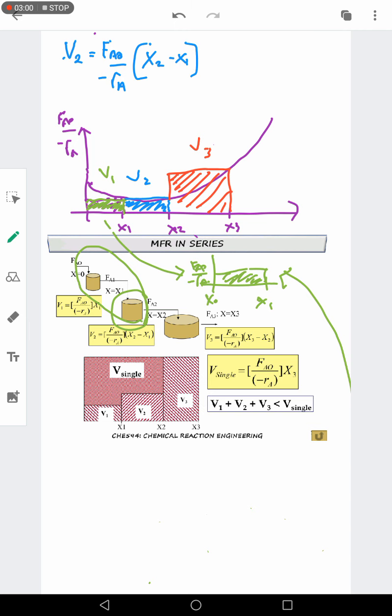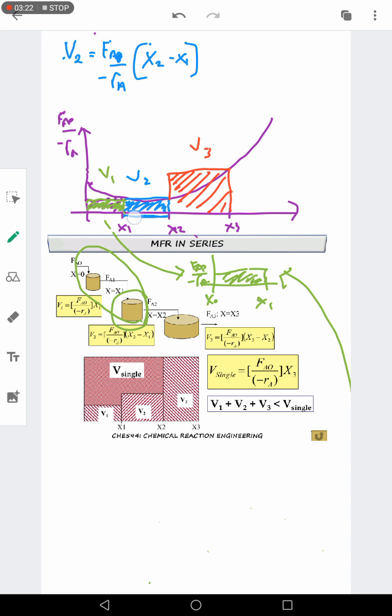So this term, this equation, is actually representing this graph. So kalau you tengok yang warna biru ni adalah dari X2 ke X1. I mean X2 minus X1. Betul tak?